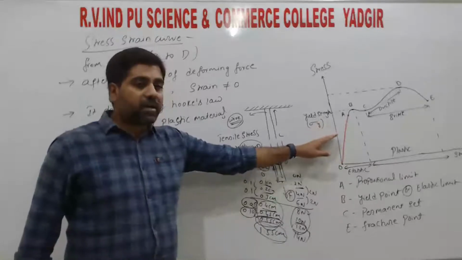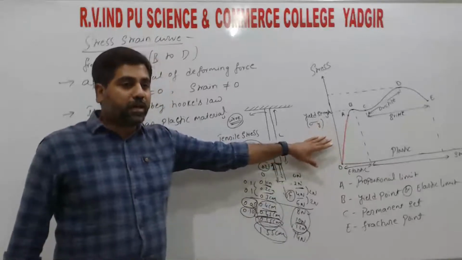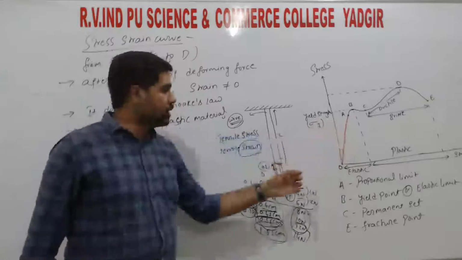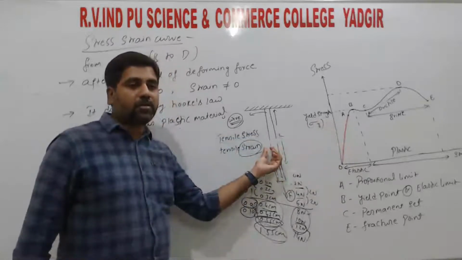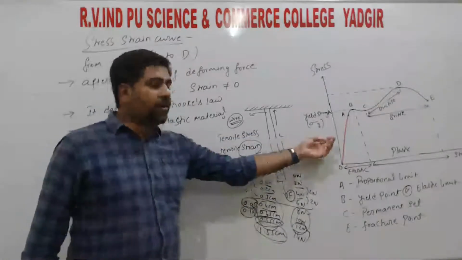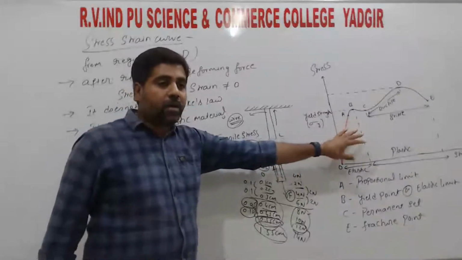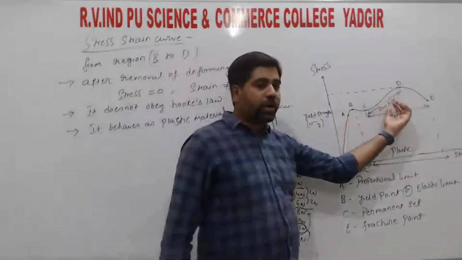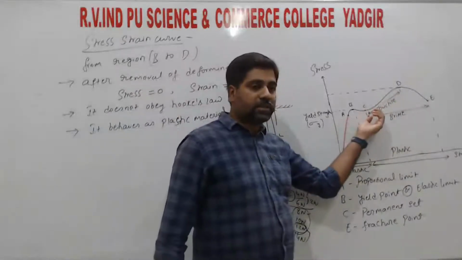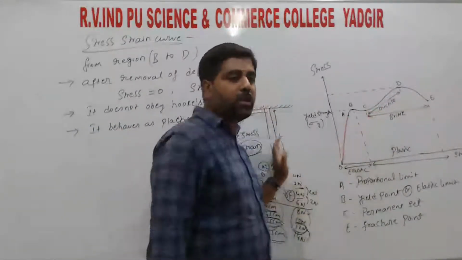So the stress strain curve is different for different materials. What does this curve depend on? It depends on the material. So different materials have different curves. In some, the ductile region is smaller; in some, the elastic limit is higher, right? So that depends on the material.